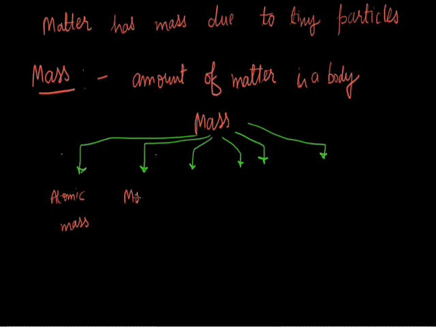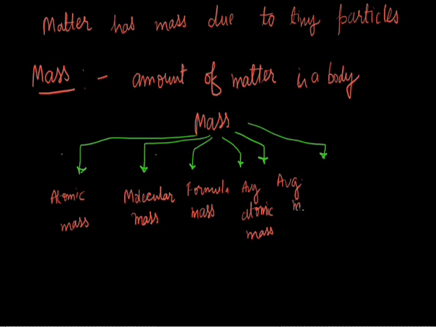The second one is molecular mass. The third is formula mass. The fourth one is average atomic mass. Fifth is average molecular mass. And the sixth is equivalent mass. Now I will discuss these masses one by one.